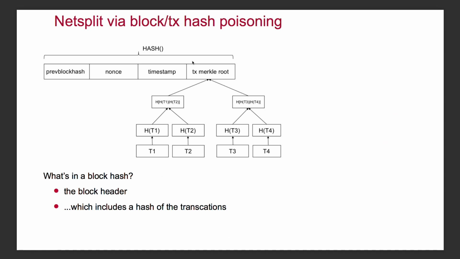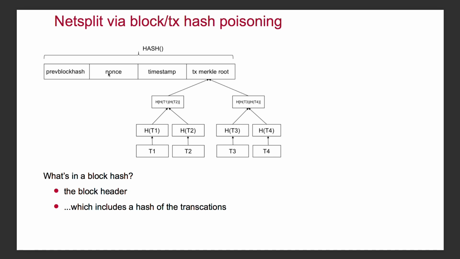So what's in a block hash? Well, this is probably not Bitcoin, but looks like Bitcoin. There's a couple of fields here that get hashed. So there's a previous block hash, nonce, timestamp, and transaction merkle root. The previous block hash is the pointer to the previous block.